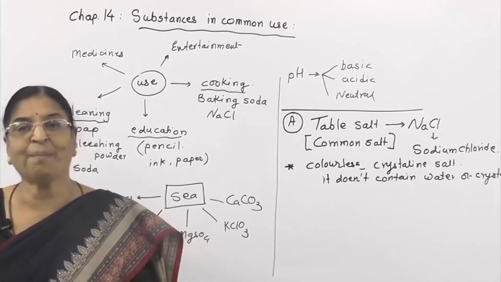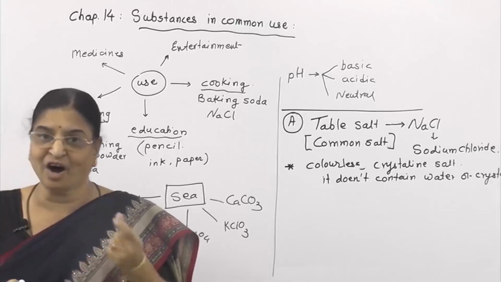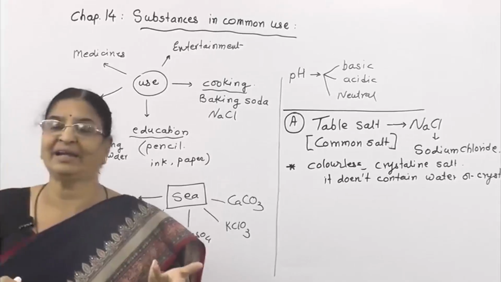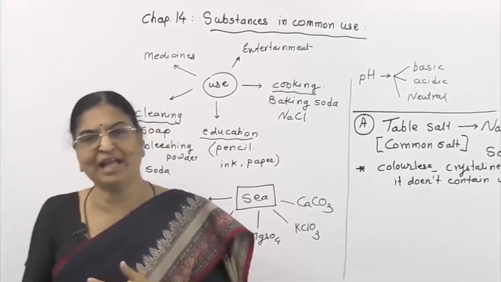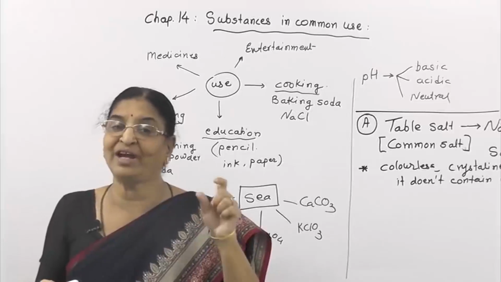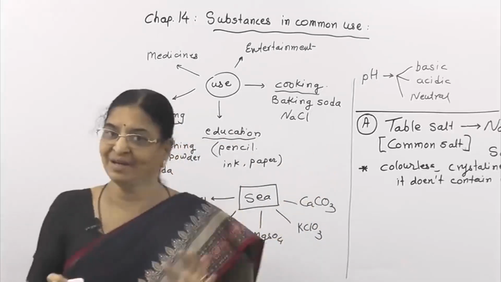And so if you pass electricity in this molten or fused state, you can collect the sodium at the cathode and chlorine gas at the anode. So you can find the sodium metal in pure form from this.